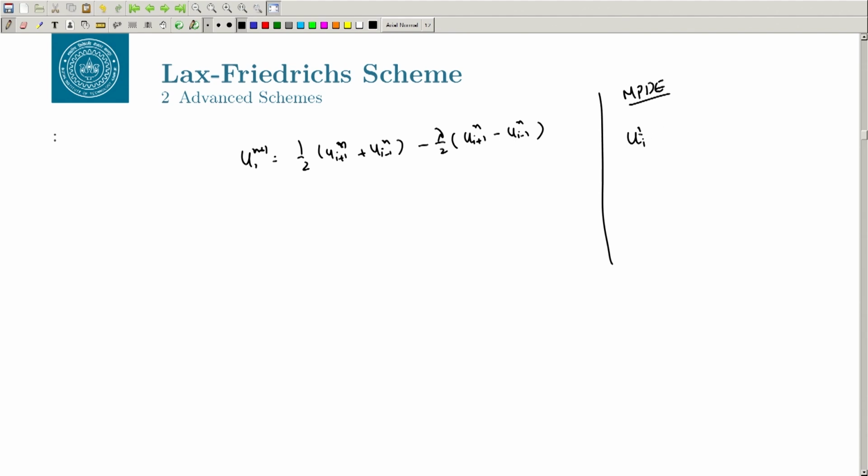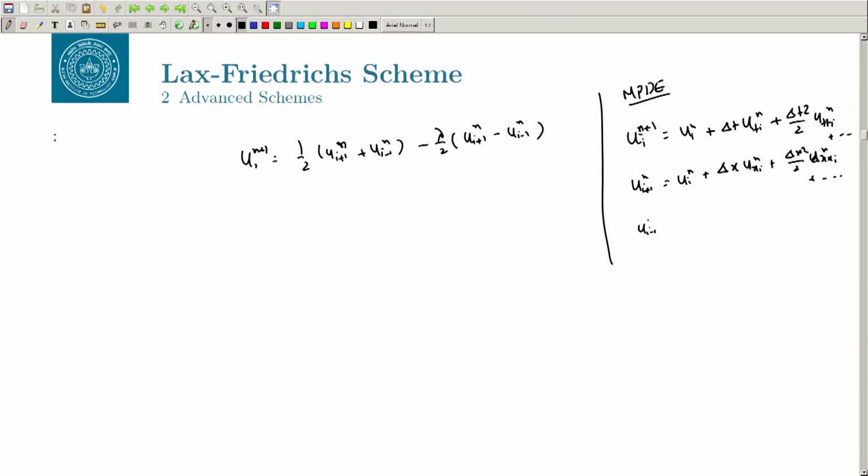If you do u_i^{n+1}, that will be u_i^n, and then you will have the derivative with respect to time: delta t u_t at i n plus delta t square by 2 u_tt at i n. Similarly, u_{i+1}^n is u_i^n plus delta x u_x plus delta x square by 2 u_xx, and so on and so forth, right.